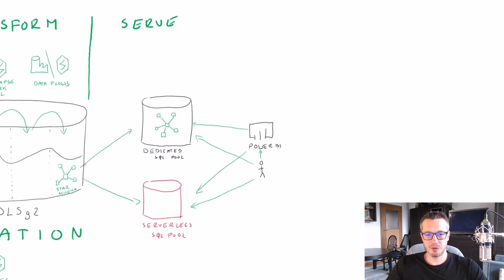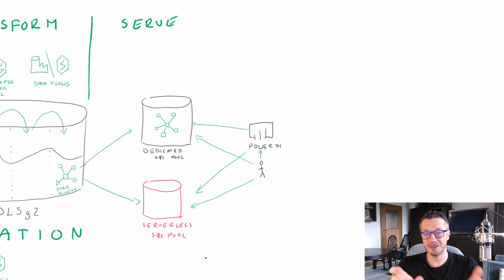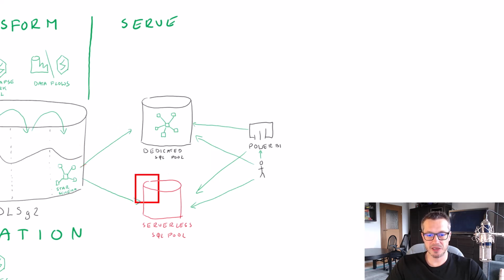All right, but well, I put those two SQL pools in the same place on our diagram. So what's the difference? And the difference is huge. In the case of Dedicated, we copied the data physically from data lake to our SQL pool. In the case of Serverless, we don't copy this data.